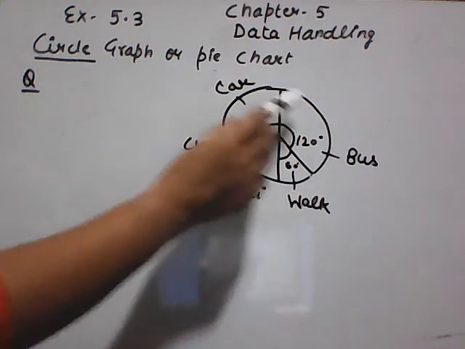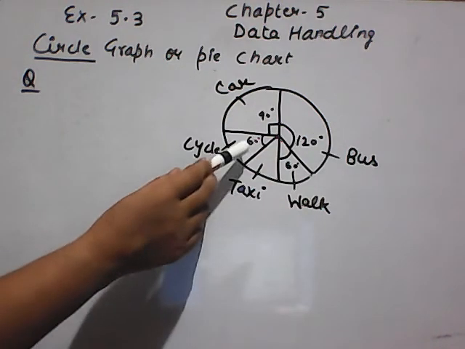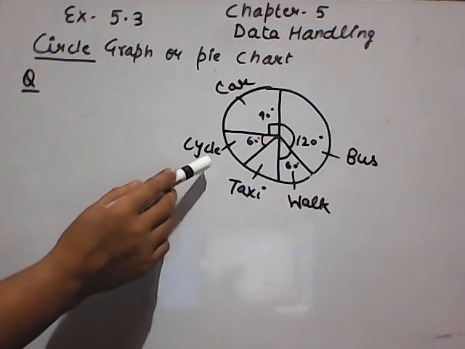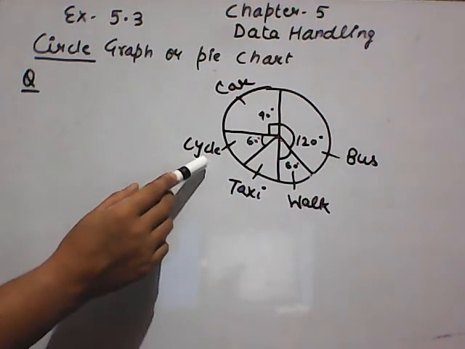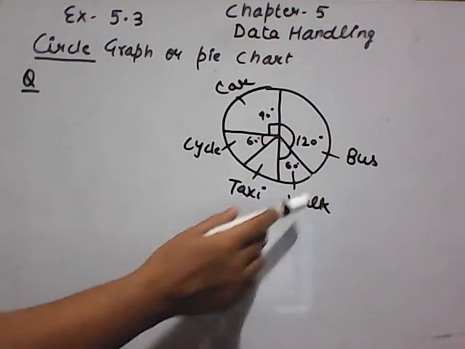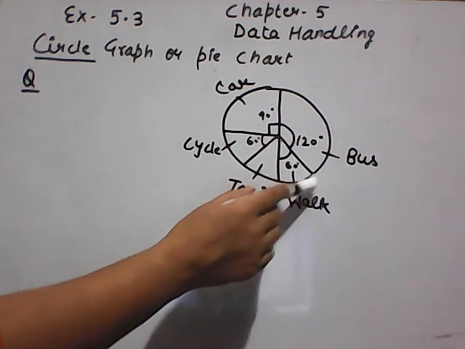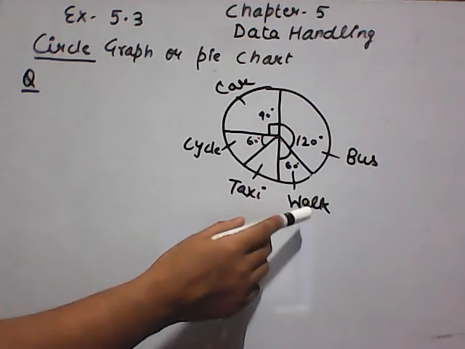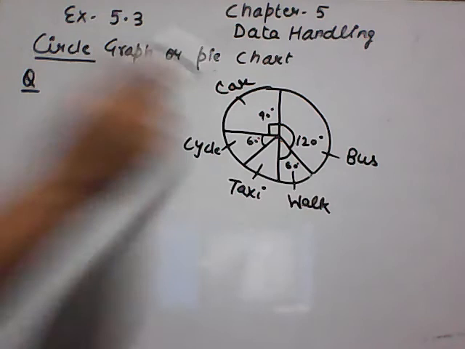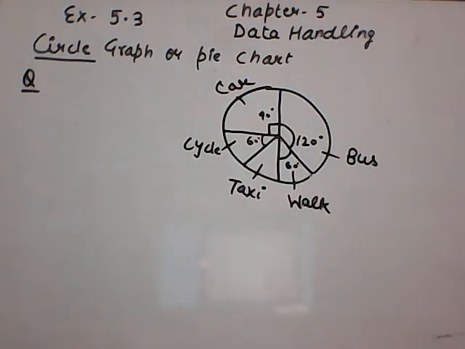That means out of 360 degrees, 60 degrees of children go to school by means of a cycle. Another group of children go by means of a taxi. This 60 degrees means this group of children go to school on foot. These are by means of a bus and these are by means of a car. This information is given to you. Study the pie chart and answer the questions that follow.